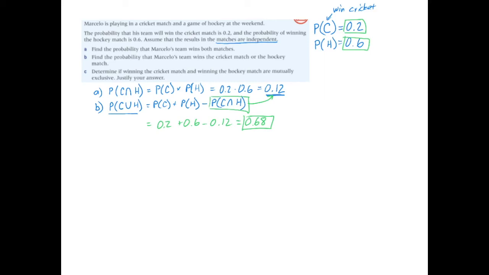All right. Now, part C says, determine if winning the cricket match and winning the hockey match are mutually exclusive. Now, what that means is, if I win the cricket match, then I cannot win the hockey match. Or if I win the hockey match, I cannot win the cricket match, right? Mutually exclusive, remember, means that there is no overlap. We already have all the information that we need.